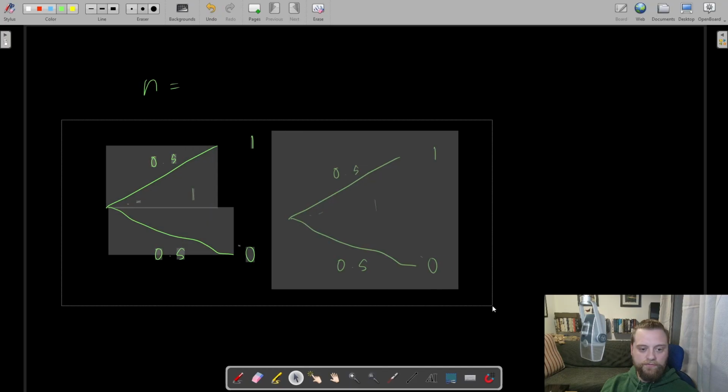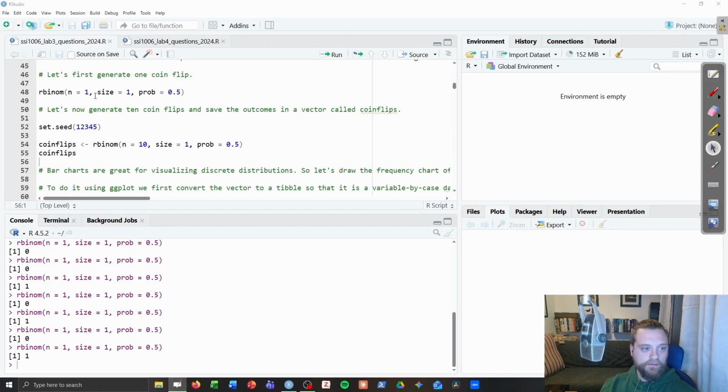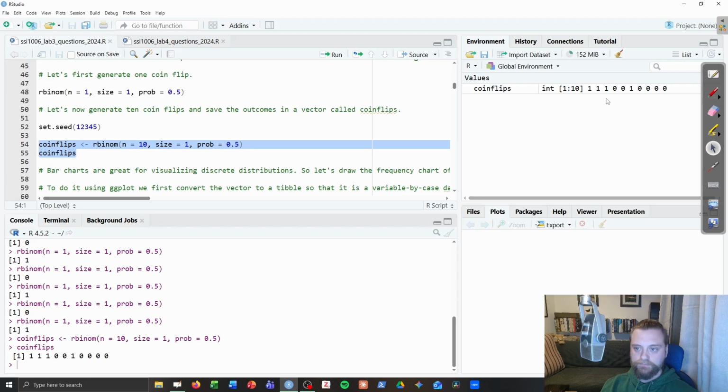So we have these 2 independent instances of 1 coin flip, 2 coin flips. What if we change this to 10 though? Let's see what the answer we get is. Okay, so there's our outcome. So we've got 3 1s, 2 0s, a 1, and 4 0s.